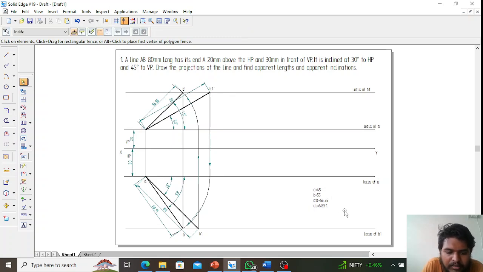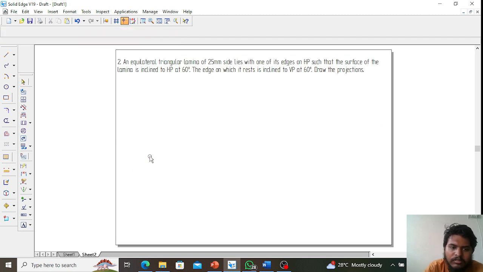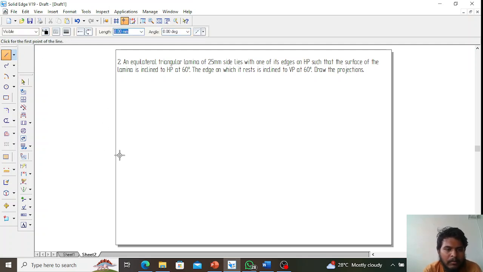This question is complete. Okay, so now we will do the second problem. For this, what we will do is first we make a xy line. This is the xy line.